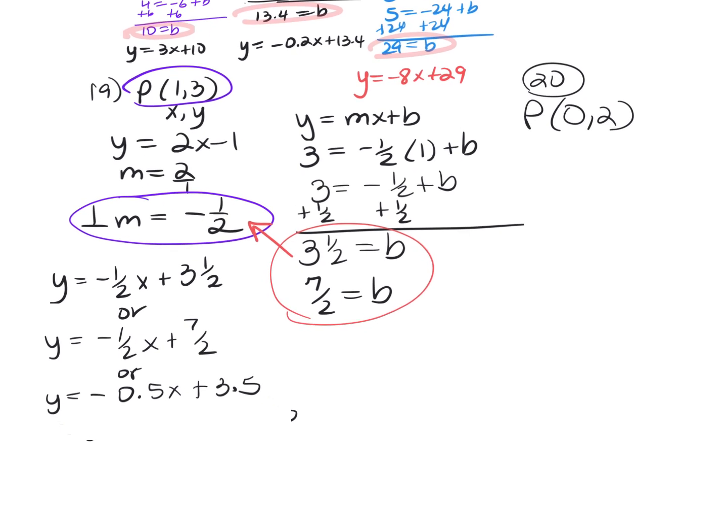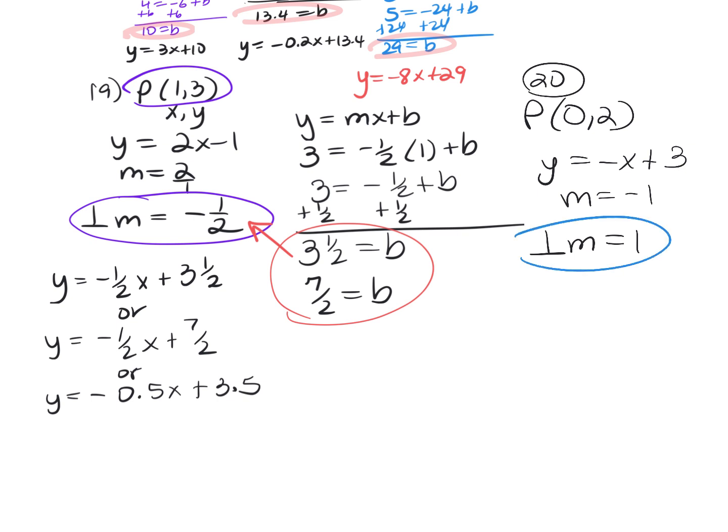The given equation was y equals negative x plus 3. So the slope of this line is negative 1, and the perpendicular slope is going to be positive 1. If you recognize that this is the y-intercept, you could just go right into the equation. It's just 1x plus 2.